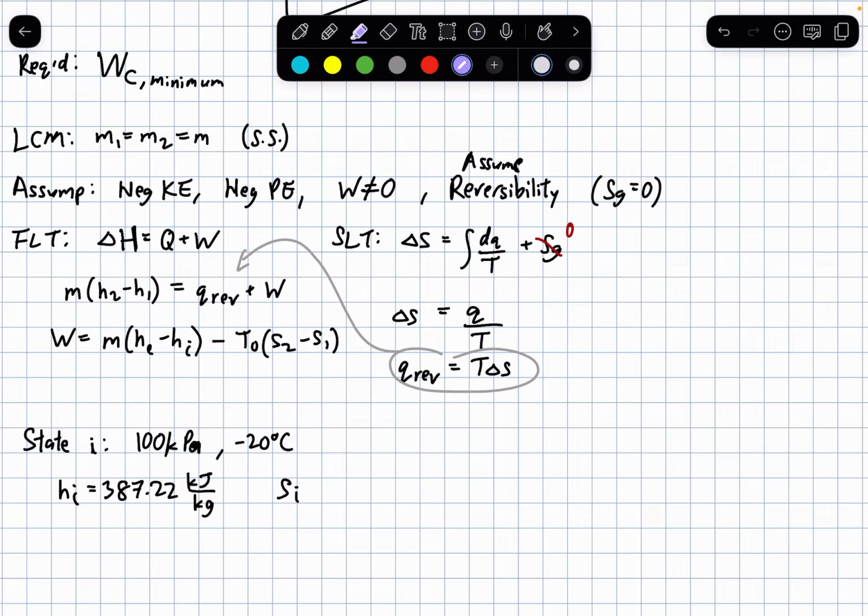Let's make it S sub E, S sub I. S sub I is at 100 kilopascal, negative 20: 1.7665.